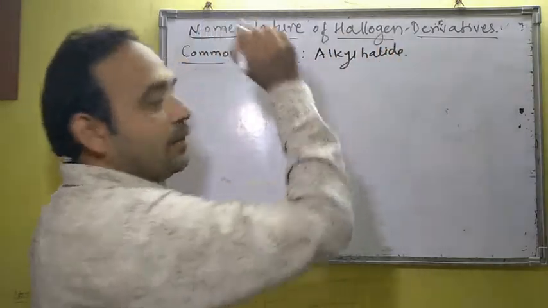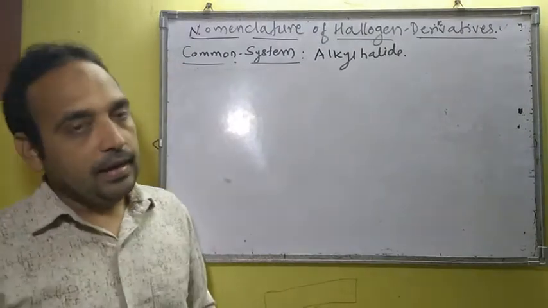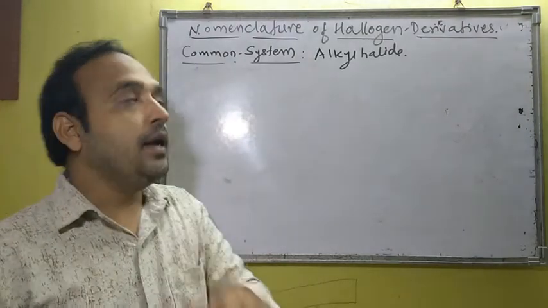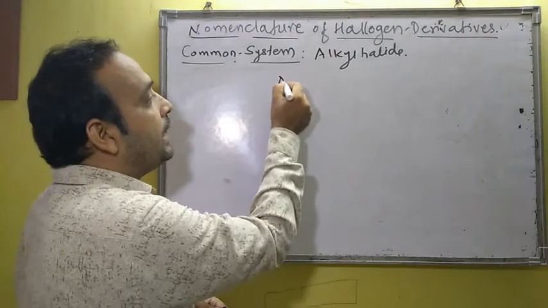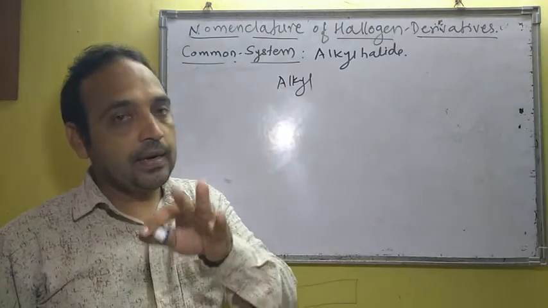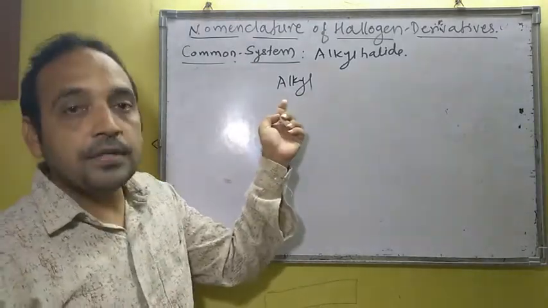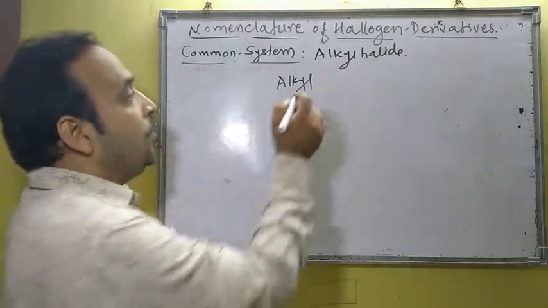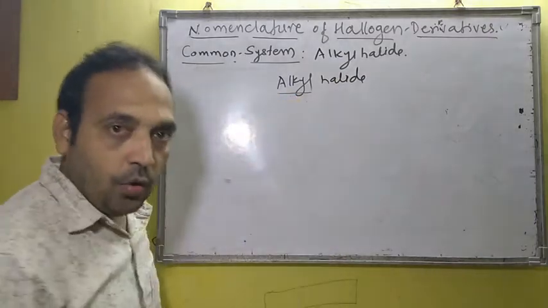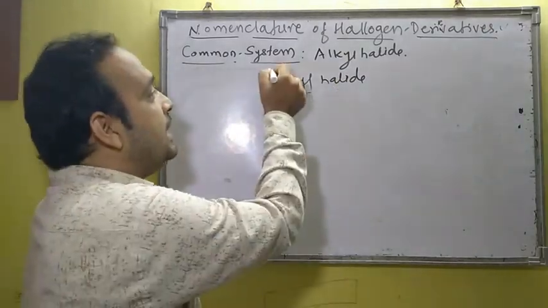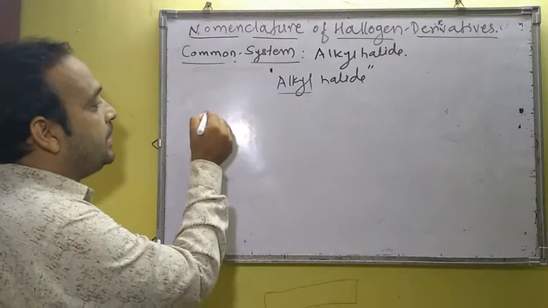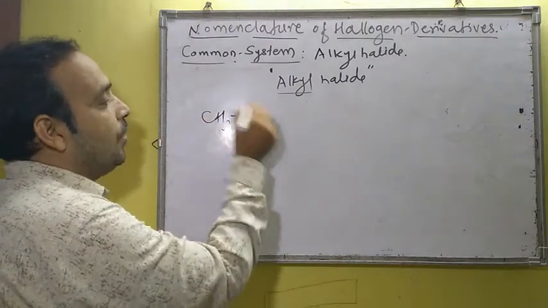According to the common system, the name of an alkyl halide is derived by writing first the name of the alkyl group followed by the word halide, so its name is written as alkyl halide. Suppose one example is given to you, CH3 single bond Cl.